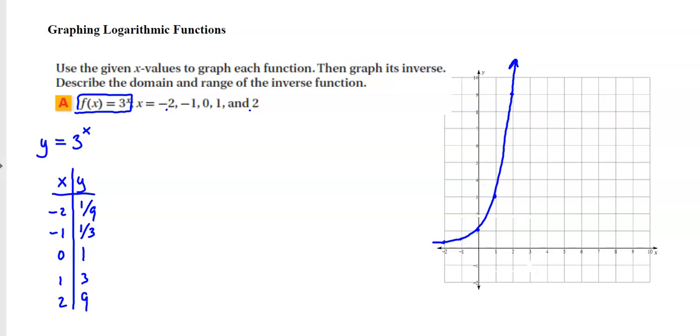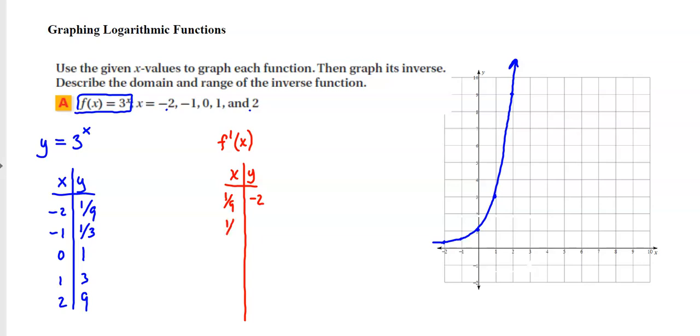So I've graphed that. Then I have to graph the inverse. For the inverse, I'm basically just going to switch all of these values, flip them around. So when x is 1/9, I am at -2.